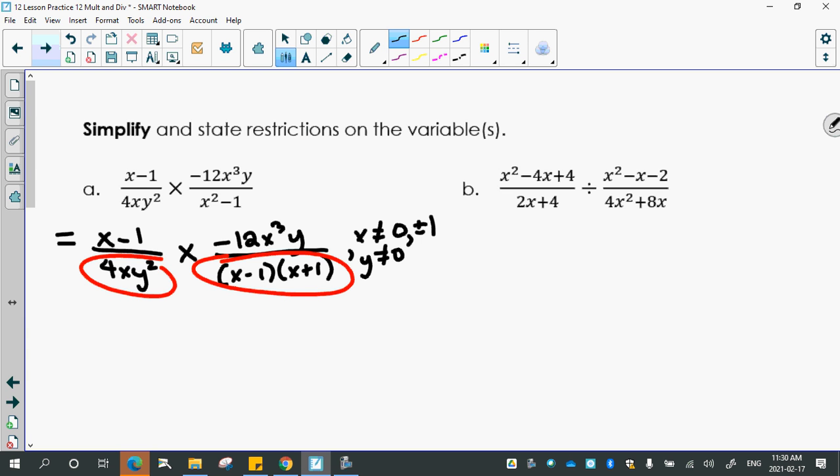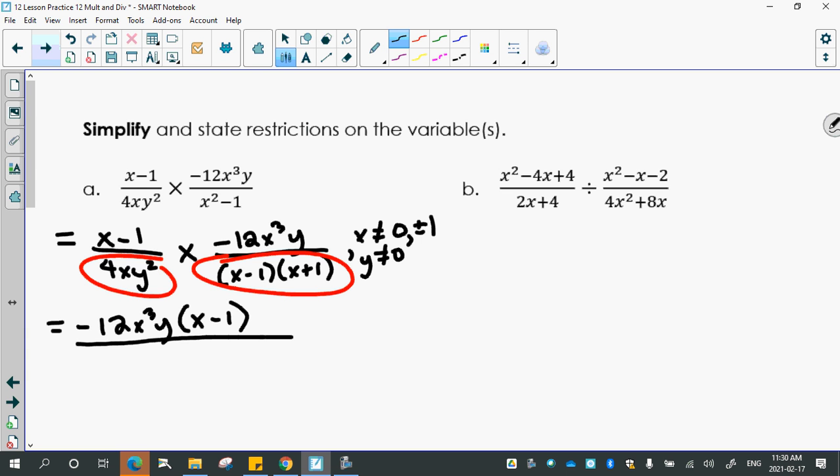Step 4 says multiply the numerators together with the monomial term first. So this one is a monomial, it's only one term, so it's going to go first. And then my binomial x minus 1 is going to go second. So I multiply the top by the top with the monomial term out front.